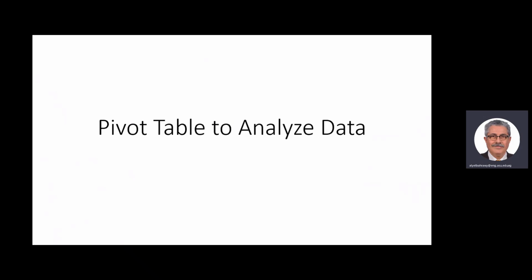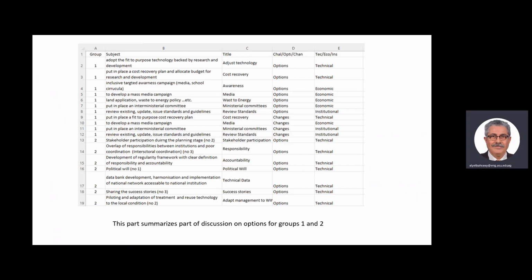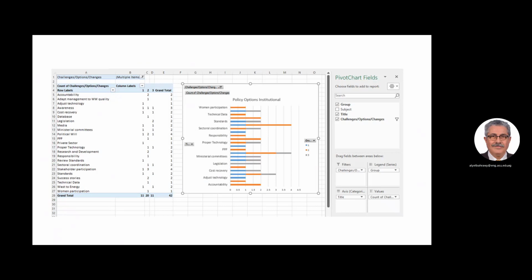Therefore, this is the pivot table to analyze data, and this title is the coding. The third row here, called title, is the coding of the subject to allow the qualitative analysis. This is the database. This part summarizes part of the discussion on options for groups 1 and 2, as you can see. This is a pivot table.